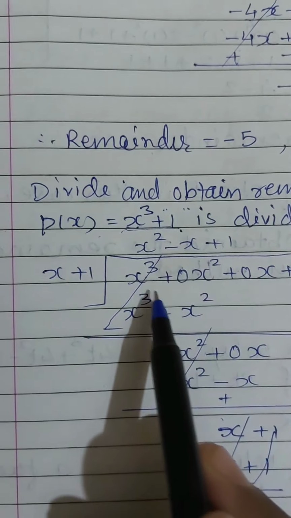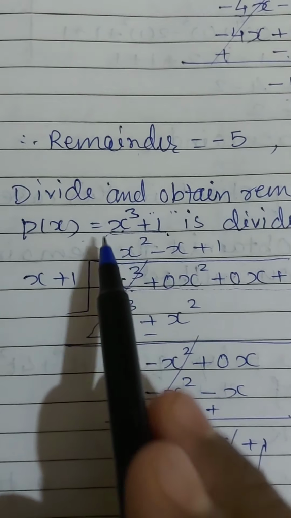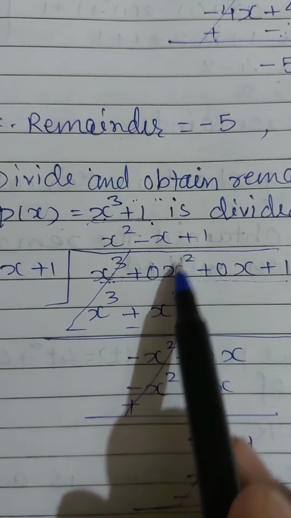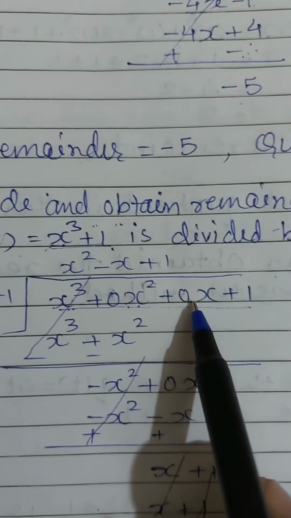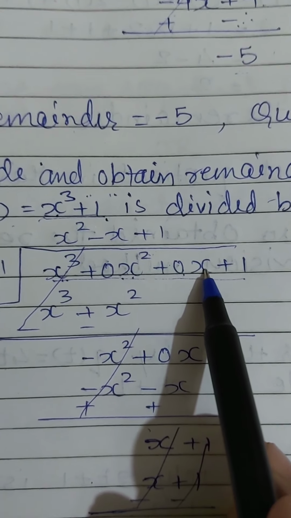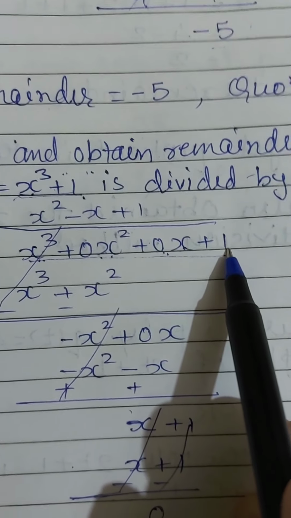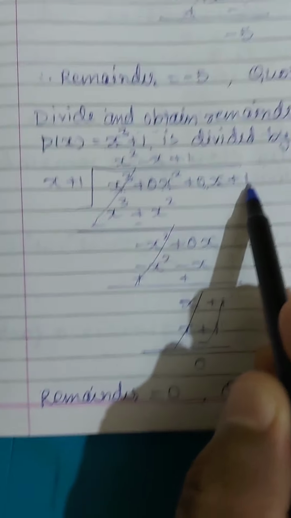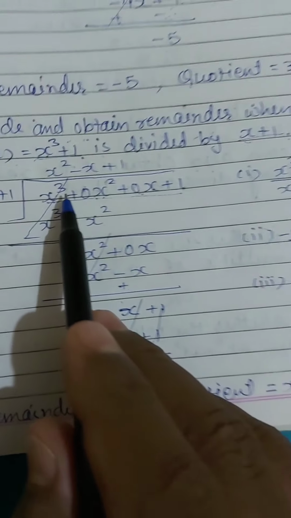So whenever you are writing the dividend polynomial, you have to keep this in your mind: the first term is x cube, the second term must have an x square term, but it is not here, so you have to add 0x square, and after that the x term will be there, which is also not here, so plus 0x plus 1. If you write it in this way, the chances of mistakes will be less, right? Okay, now we are going to start.